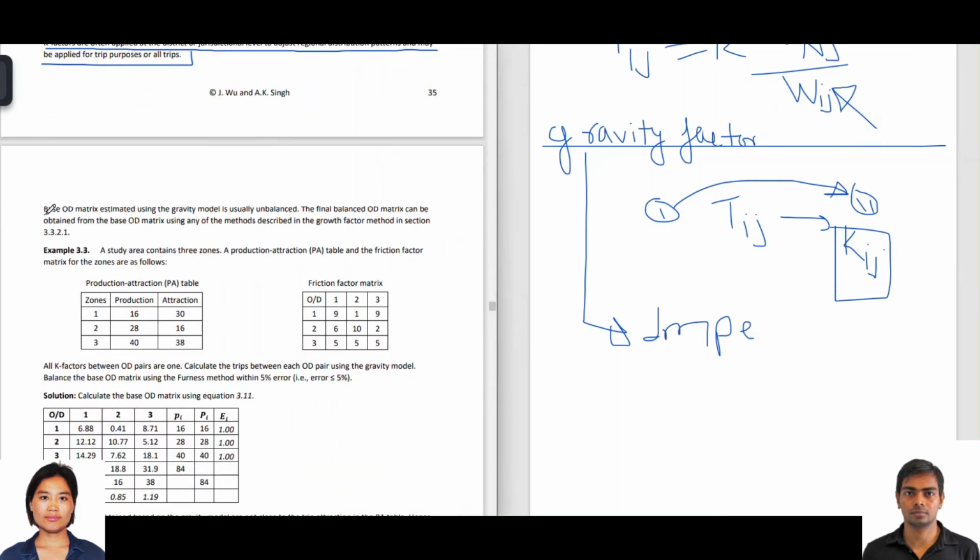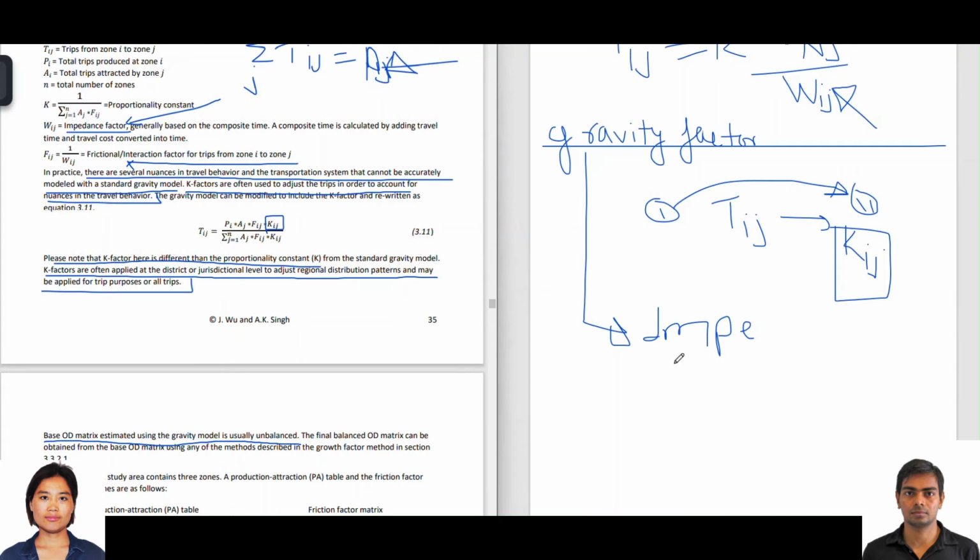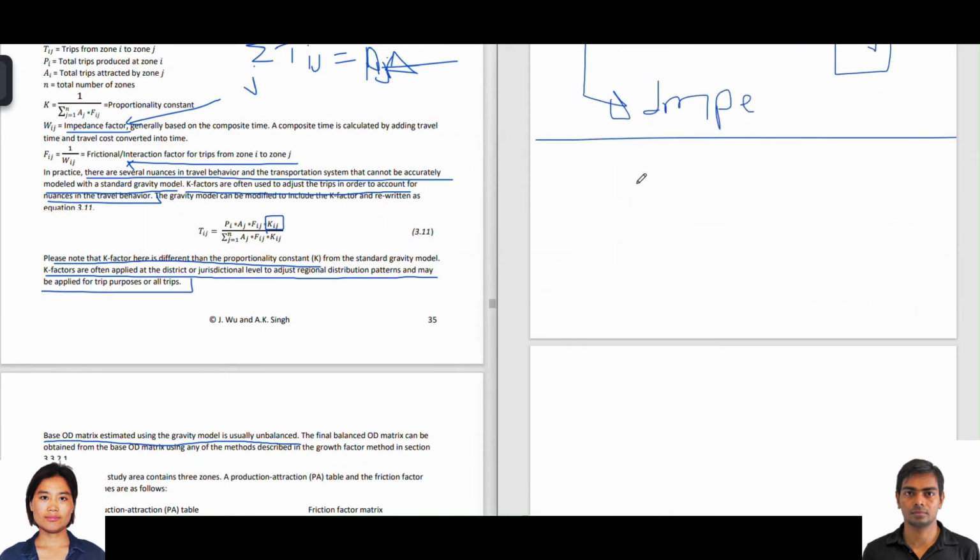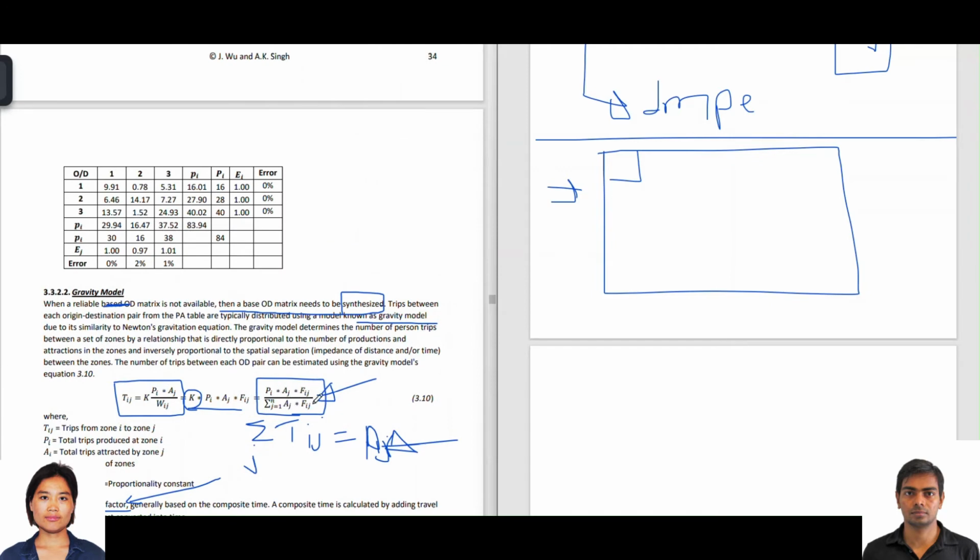The base OD matrix estimation using the gravity model is usually unbalanced. Out of the gravity model, we end up getting a new OD matrix, where each element is given by this equation. That's the gravity model.